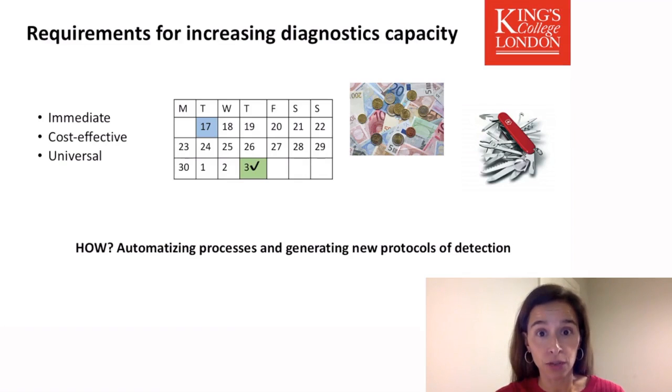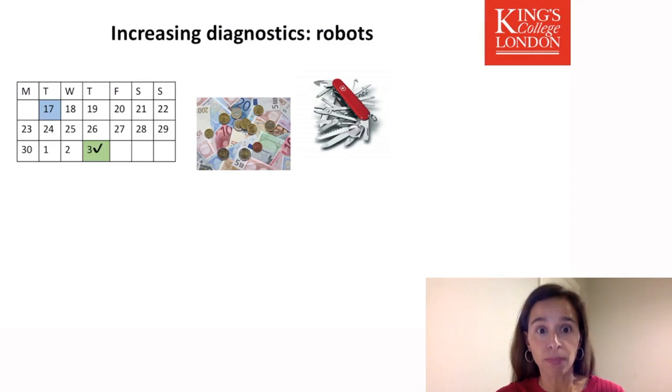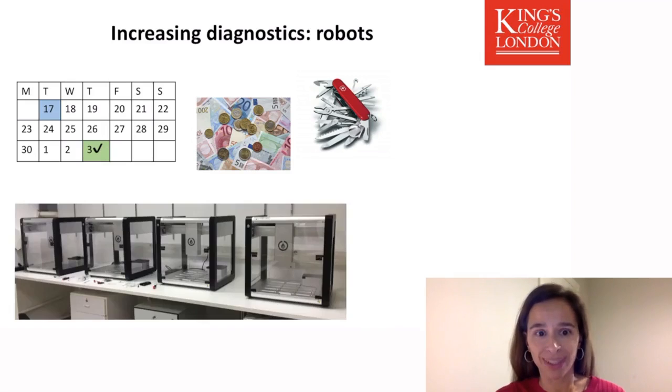Using automatization and also creating new protocols for detection of SARS-CoV-2. With regards to robotics, we needed something that was available then, that we could afford, and that was flexible and usable by different users.